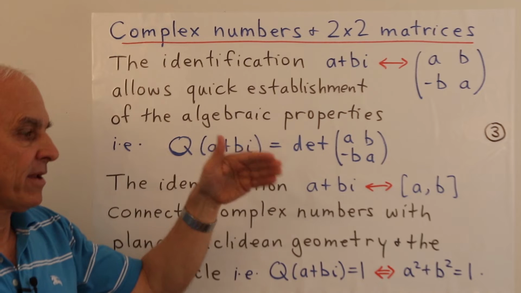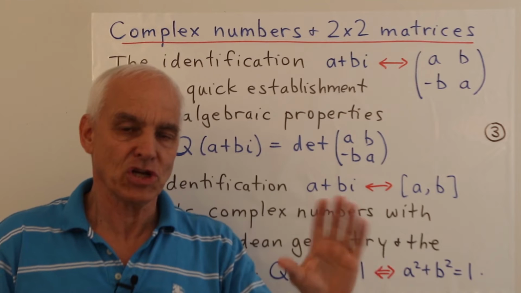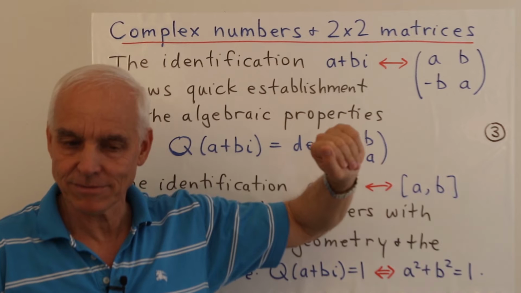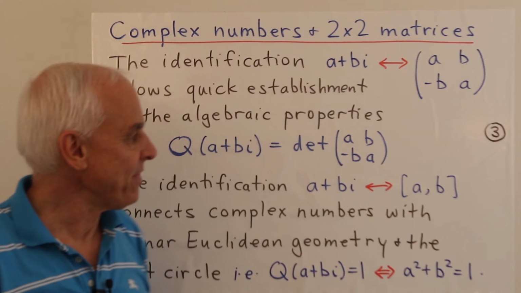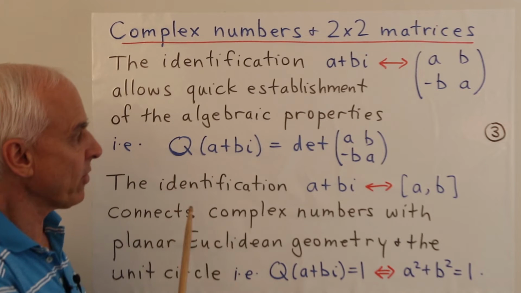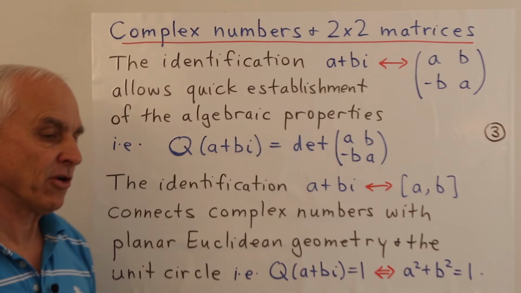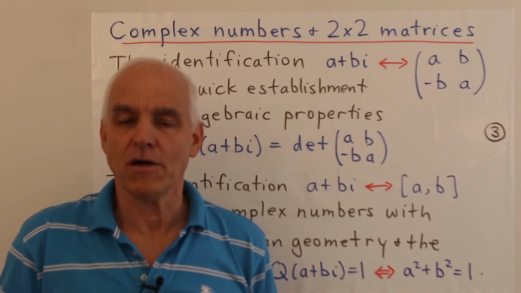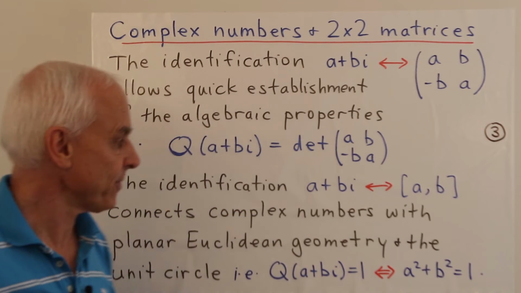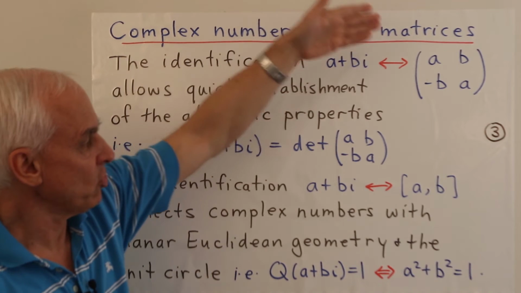And crucially then the associative and distributive and commutative laws of the addition and multiplication are just consequences of those laws for matrices. So we save ourselves a lot of work. And then in addition, this quadrance of a plus bi, which was a squared plus b squared, is just the determinant of this thing. And that makes the theorem that I mentioned almost obvious, because the determinant of a product of two matrices is the product of the determinants. So that's very natural. So we have one identification of complex numbers with 2 by 2 matrices.